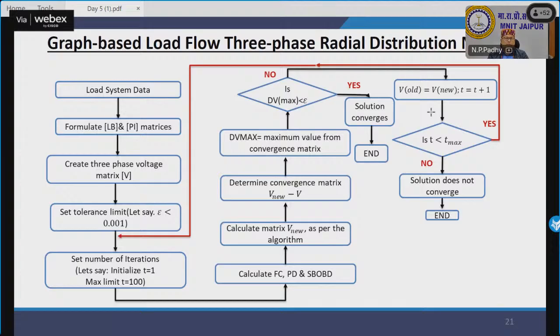If no, then you update the old value by the new value. And if the iteration number is less than 100, repeat. If it is more than 100, you exit. So this is what the conventional algorithm is altogether.